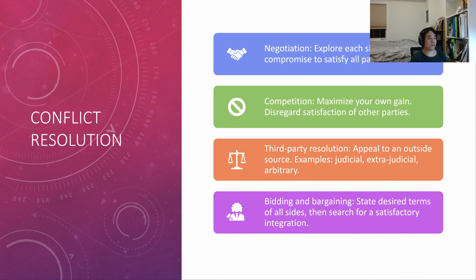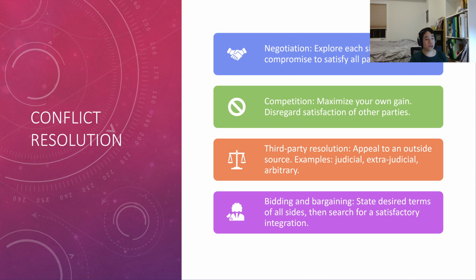So how do we resolve conflicts? There are four ways. You can negotiate. You can disregard the other parties and just get into the competition. You may seek outside sources, maybe some judicial or extrajudicial arbiter who can provide third party input to the mix.